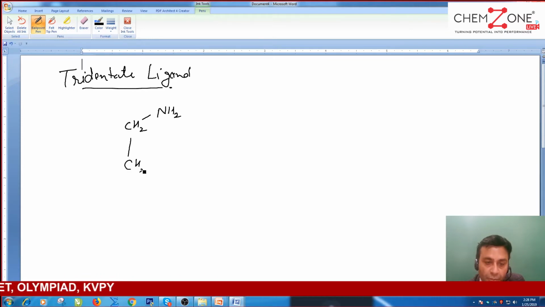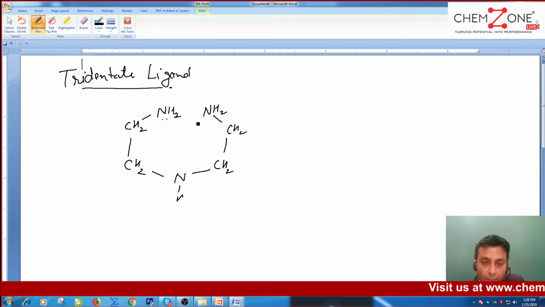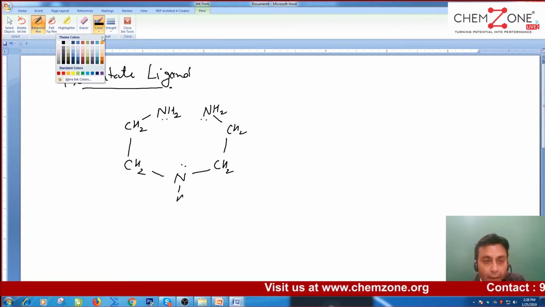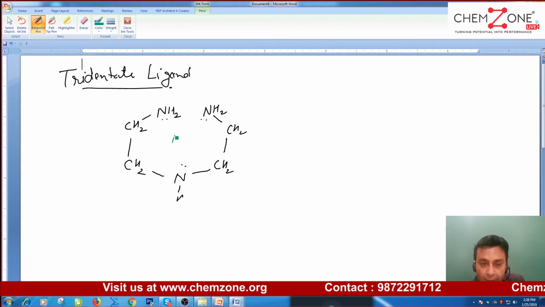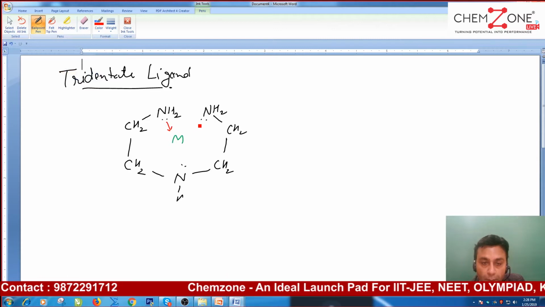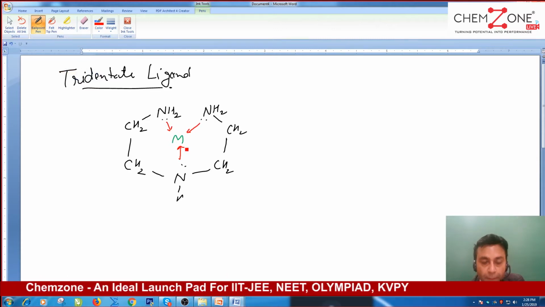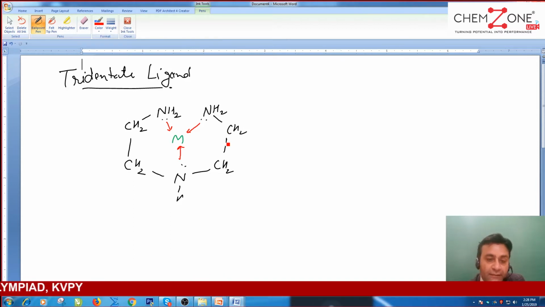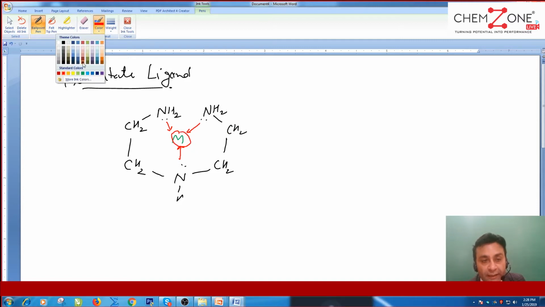See this molecule. The metal atom is accepting electron pairs from 3 donor atoms, so this is a tridentate ligand.